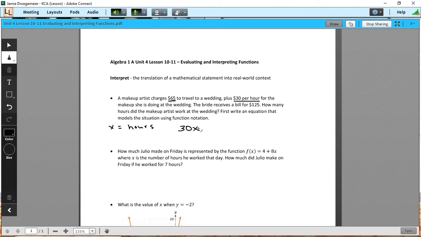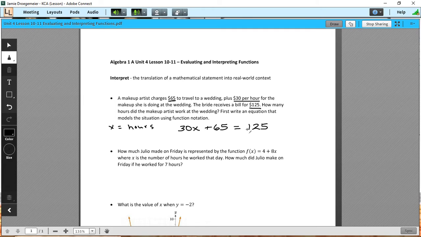Then she's also going to get that $65. She doesn't get that for every hour that she works. She just gets that one time as a flat fee for traveling. And then finally, we know that the total that she charged the bride was $125. So when we add those two pieces together of the money that she earned, our total is going to be $125.